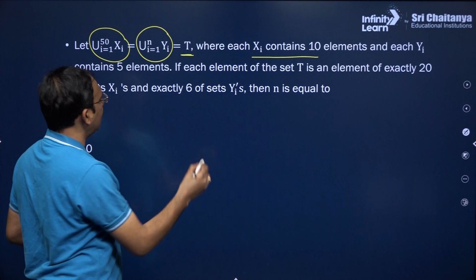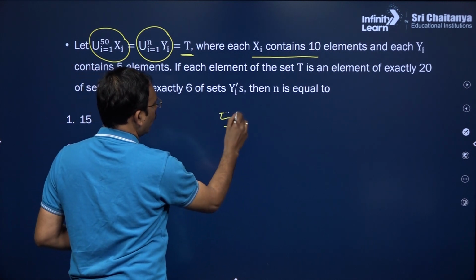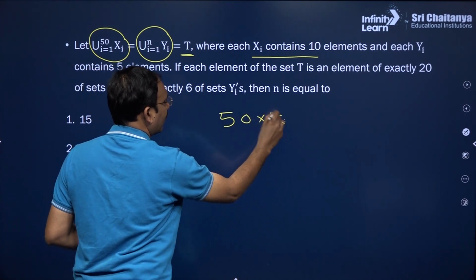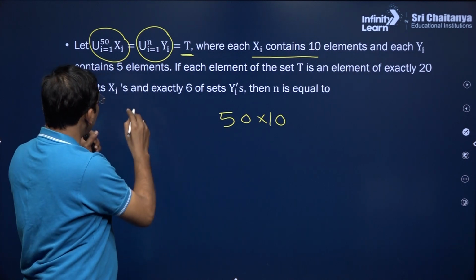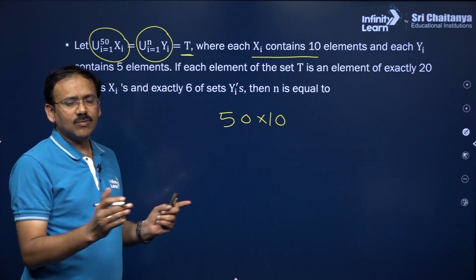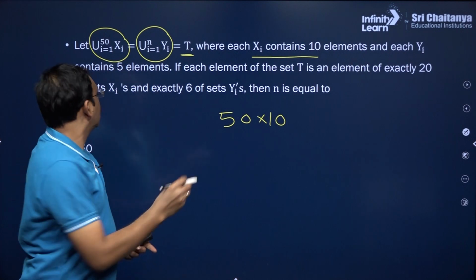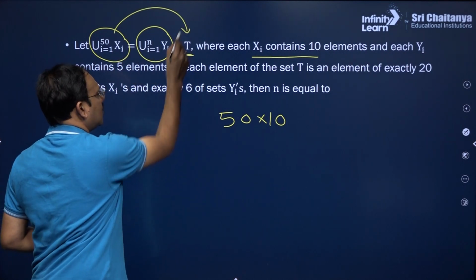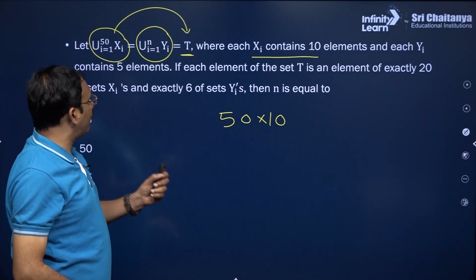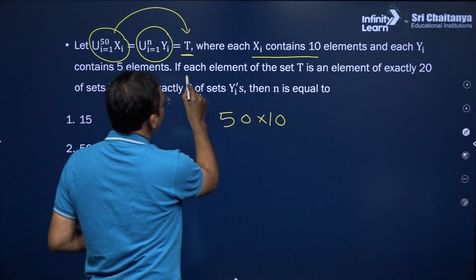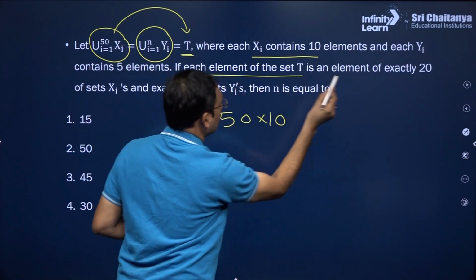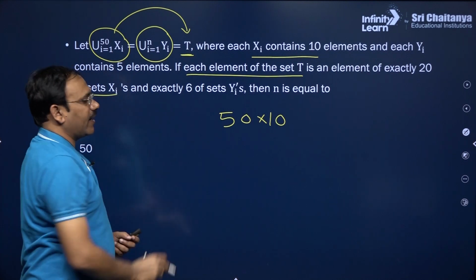Suppose I list out all, how many will there be? 50 into 10, that is 500 elements. When you do the union of all these, for common things we write only one. So the union of all these things is T, right. Here is one important piece of information: each element of set T is an element of exactly 20 of the Xi's.